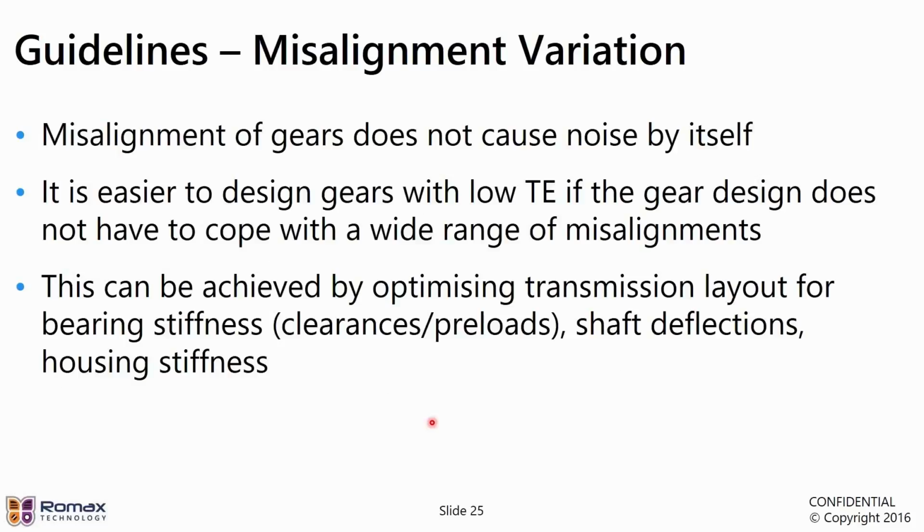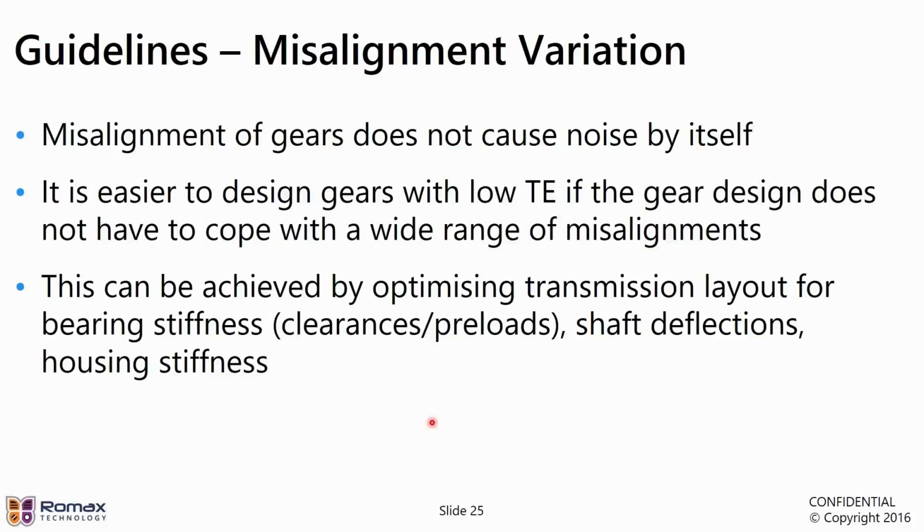But what we don't want to have is the very wide range of misalignments in that spectrum of loads, because we have to be more aggressive with our microgeometry design, and that tends to lead to higher transmission error, or at least not being able to optimize the transmission error across a wide range of those torques.